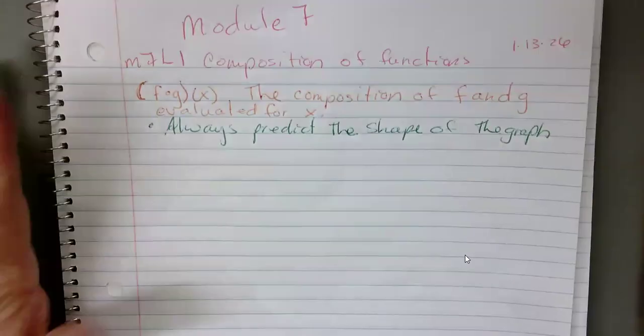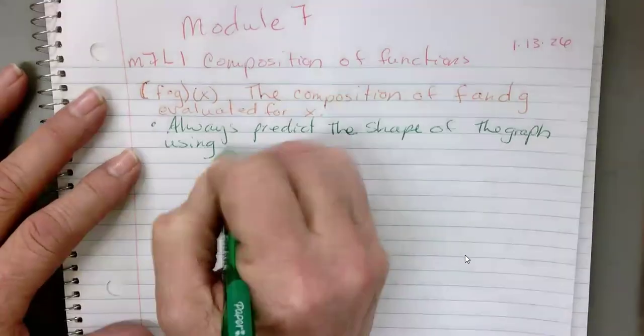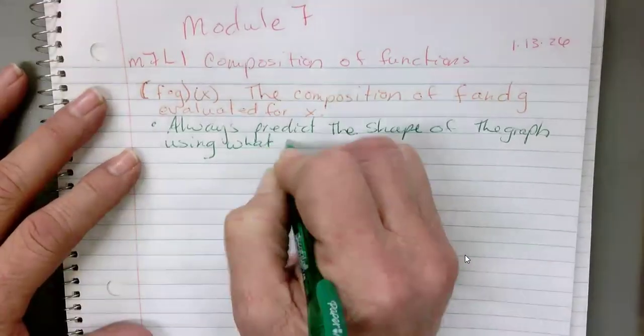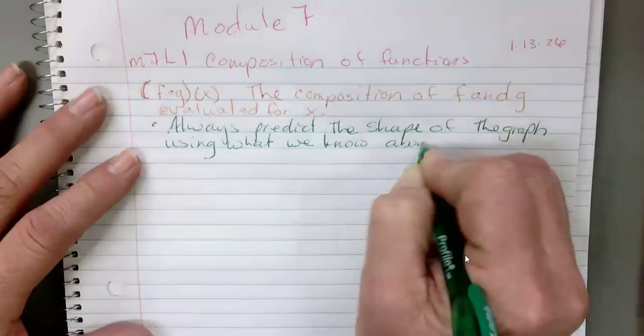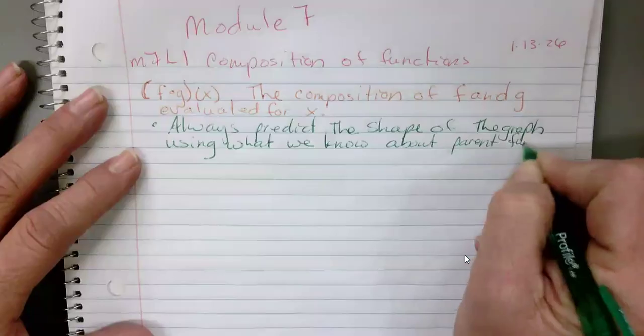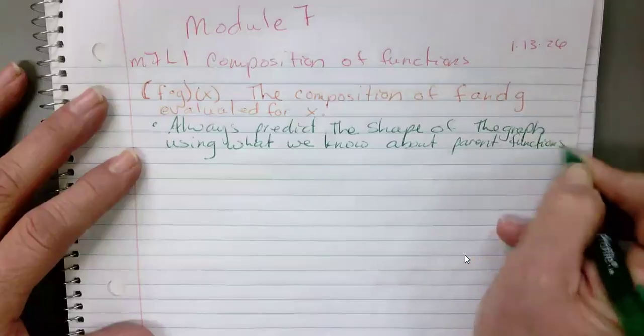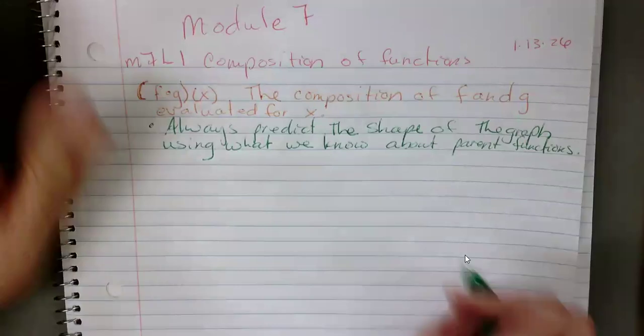Well, okay, using what we know about parent functions. You've done a couple of activities with parent functions, so you should have an idea of how they work, right? If you need a review of that, let me know. I can make another video.